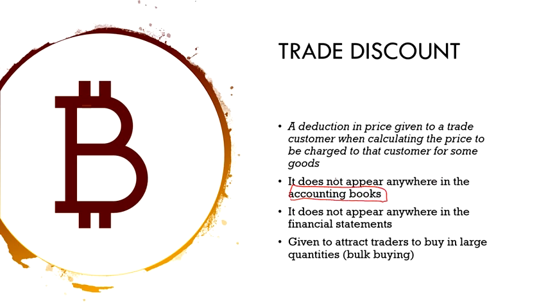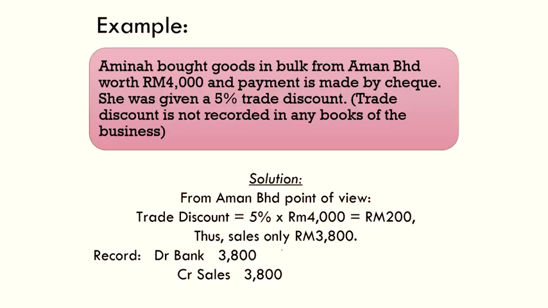Okay, then trade discount does not appear anywhere in the financial statement as well. Dah sebab kita tak record, so of course it won't appear in the financial statement. Trade discount given to attract traders to buy in large quantity. Ini function dia. Okay, untuk menggalakkan buyer buy in large quantities.